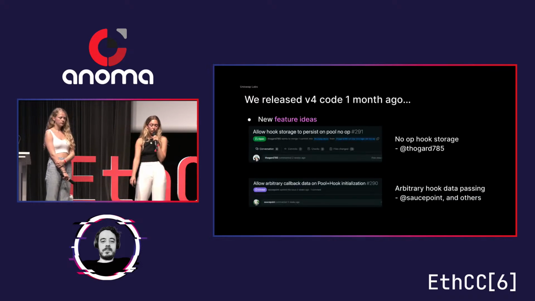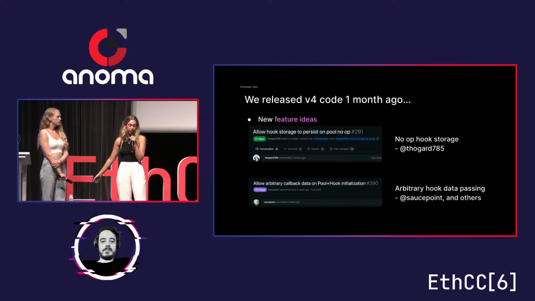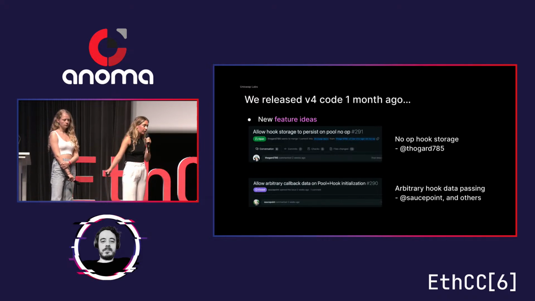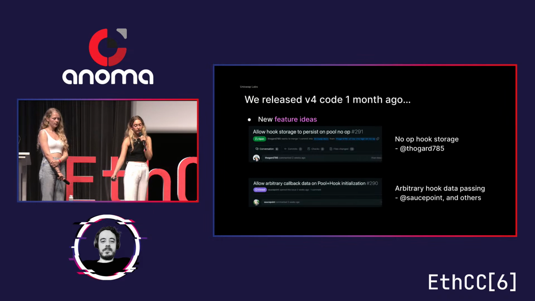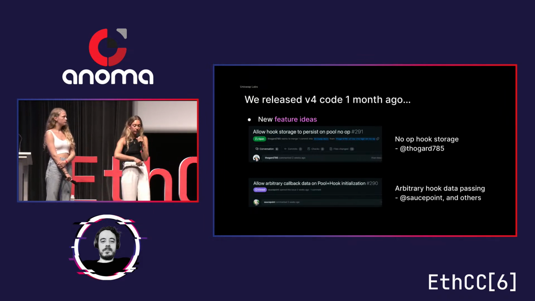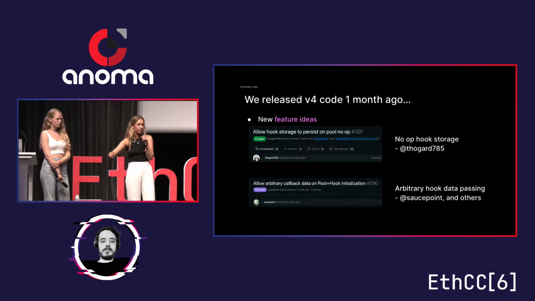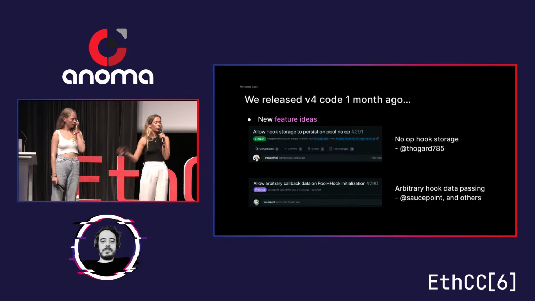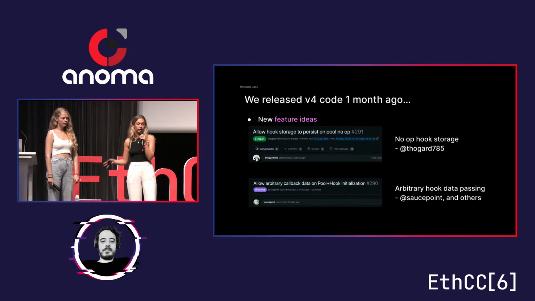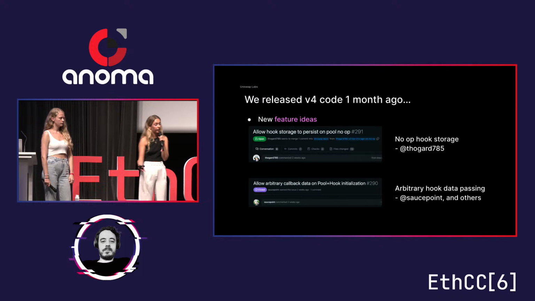And just to highlight a few really cool feature ideas from the community, these are 2 specific ones: a pool no-op for hooks and arbitrary data passing to hooks. These are really, really cool because they open up a whole new use case category for hooks, something that we hadn't thought of.